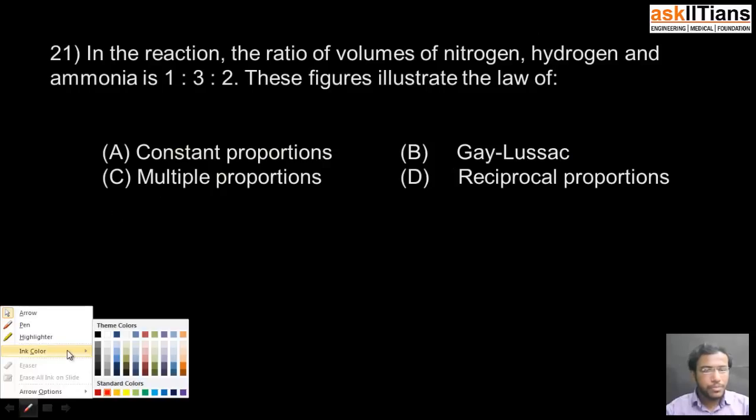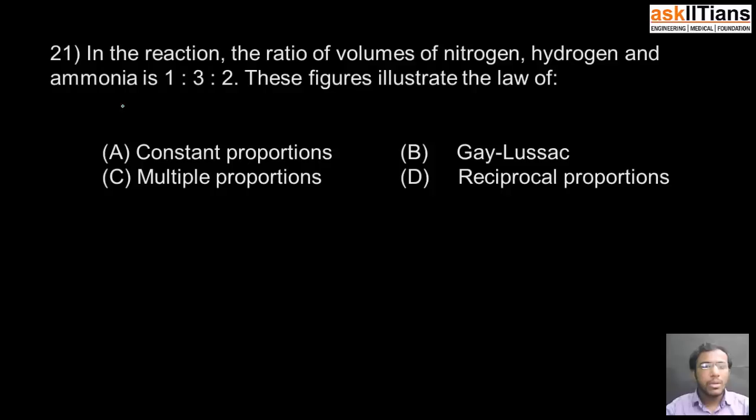Now let's see question number 21. In the reaction, the ratio of volumes of nitrogen, hydrogen and ammonia is 1:3:2. These figures illustrate the law of. Okay, so let's see what is given. It's the ratio of volume of nitrogen, hydrogen and ammonia.